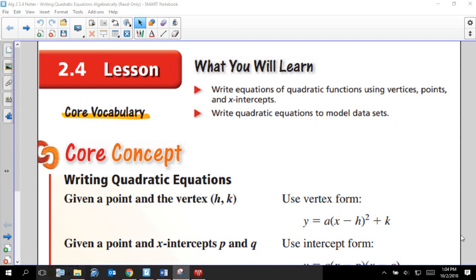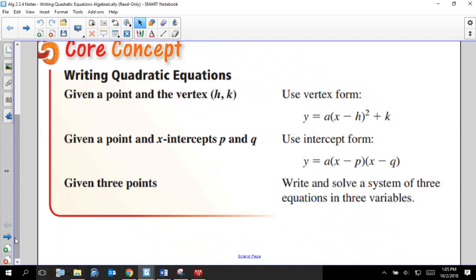All right, today we're going to write quadratic equations, which is what we were doing yesterday, except we're not doing these all by regression this time. So we've got 3 different scenarios that you'll have for your assignment. The first one is if you are given a point and the vertex.